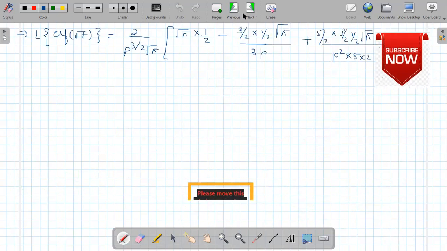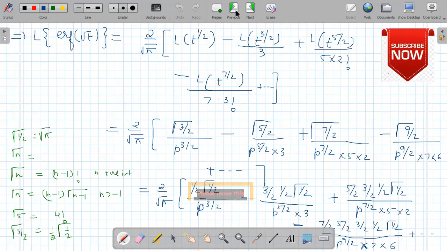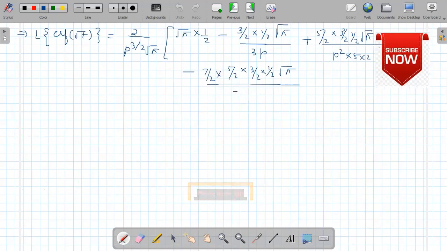Okay, and then negative sign 7/2 5/2 3/2 1/2 square root of pi, whole divided by 7 into 6 into p cube.